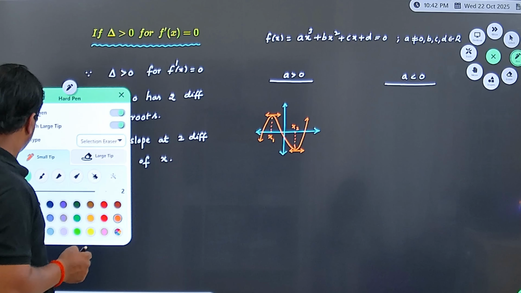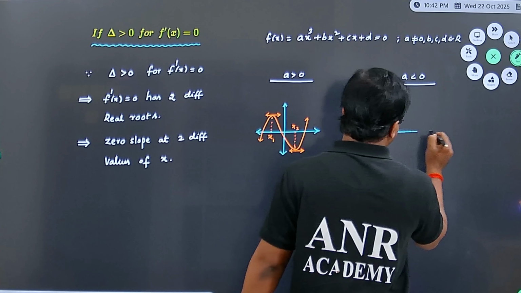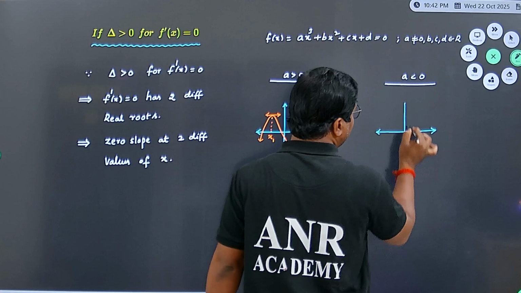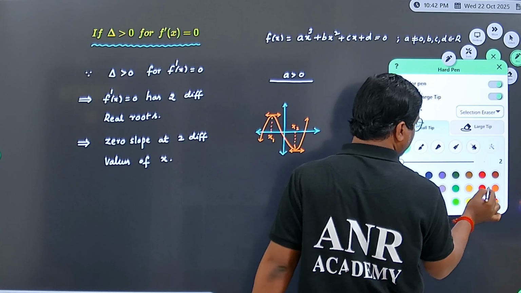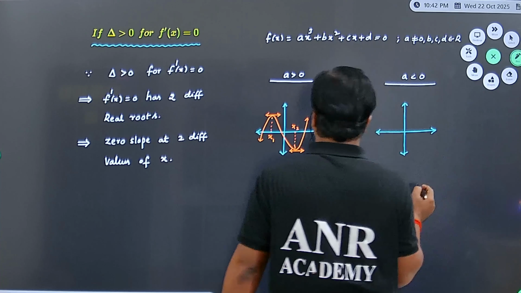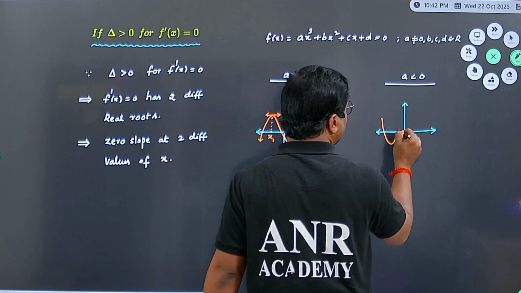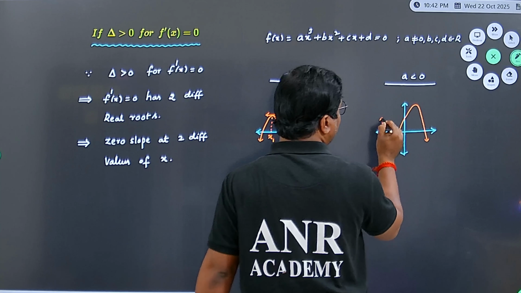Next, suppose that a value negative. When a value negative, we get a reverse shape diagram, that is, you will get the graph in this way. This is the graph.